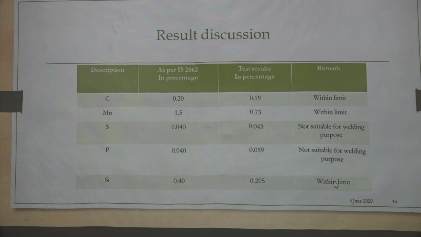We have discussed with the experts, and they came up with the conclusion that if the values are not within the limits, this particular material is not suitable for welding. That is their conclusion. For strengthening now, we are supposed to search out some other kind of option. Or if we are doing some kind of welding, some extra special kind of welding we are supposed to import if the bridge is not safe.